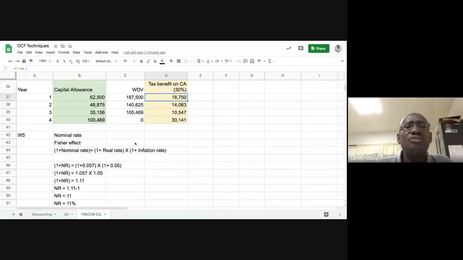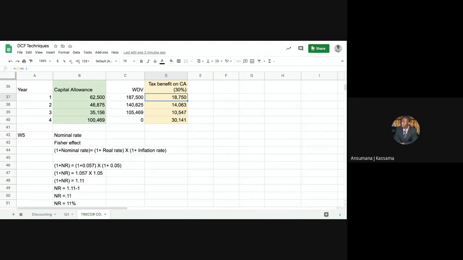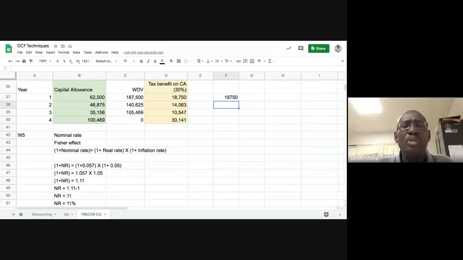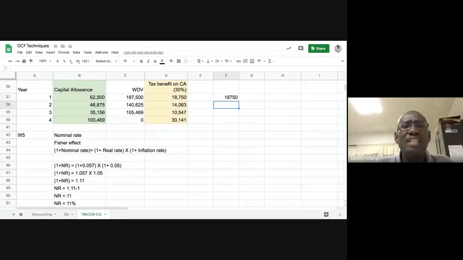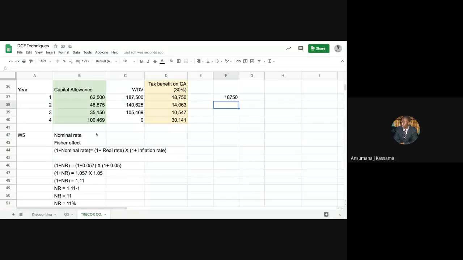It's 30% on 62,500. No, but if you do that, my calculation, I got 8740. I don't have this 18,750. When I use this 62,500 and charge 30% on that, I have 8740.